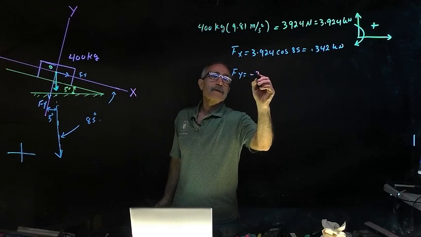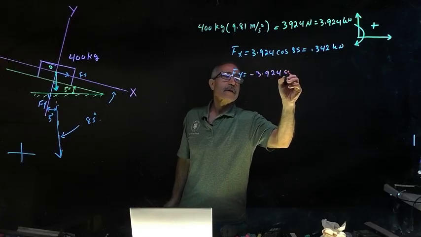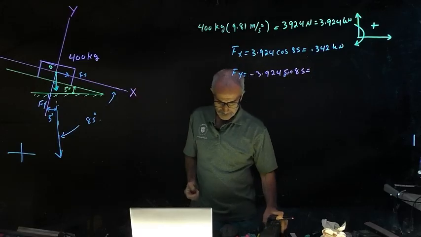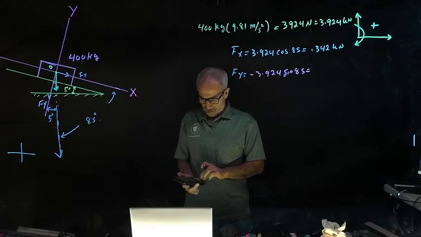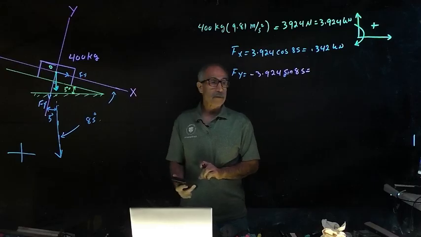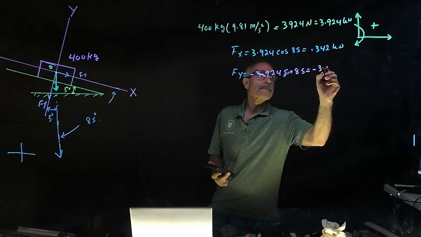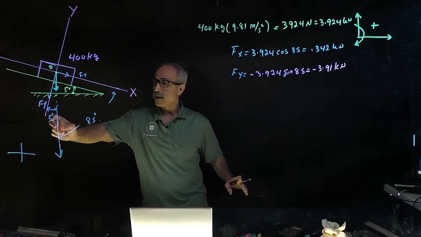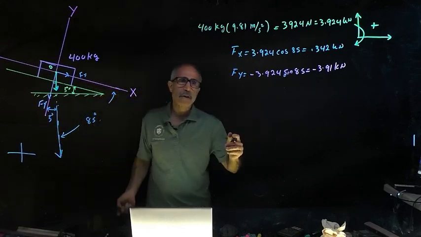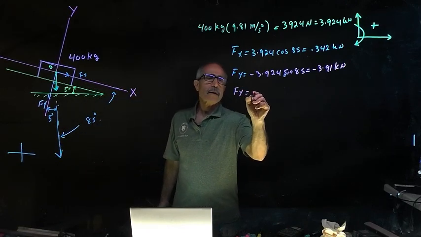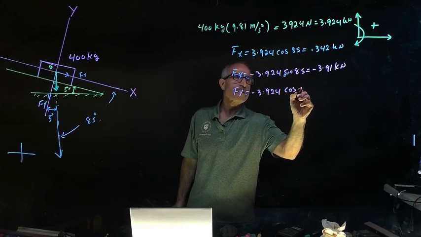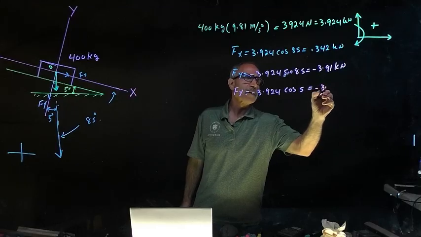So it's going to be minus 3.924 sine 85, which is equal to minus 3.91 kilonewton. Now, I could do the same thing: close the gap, make it cosine. That will also do. Cosine 5 degrees. Bet it comes out to the same number. It should.